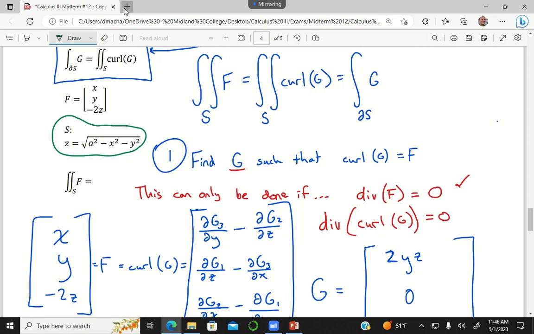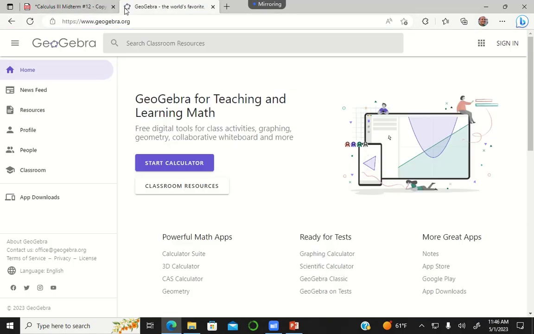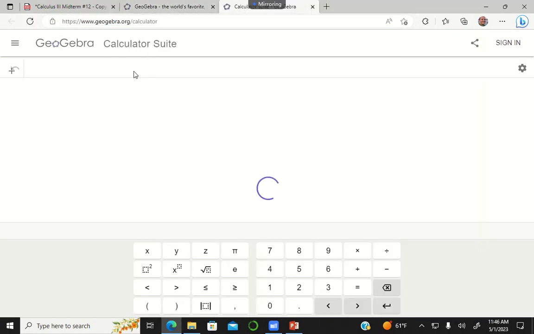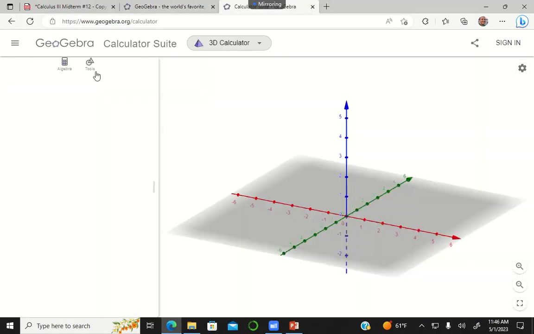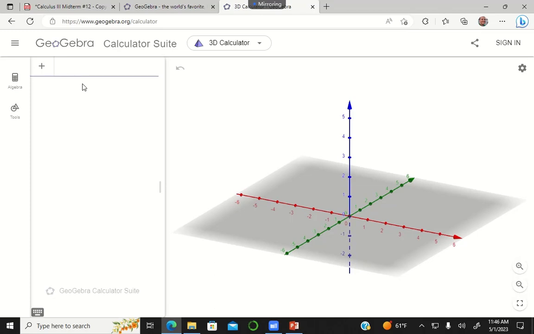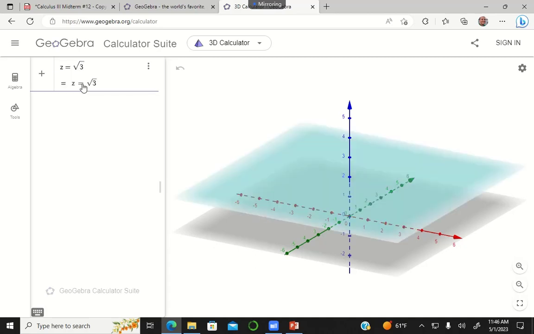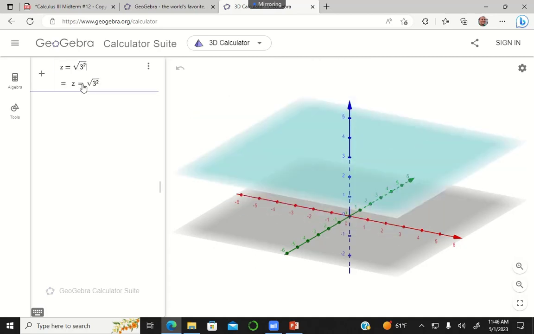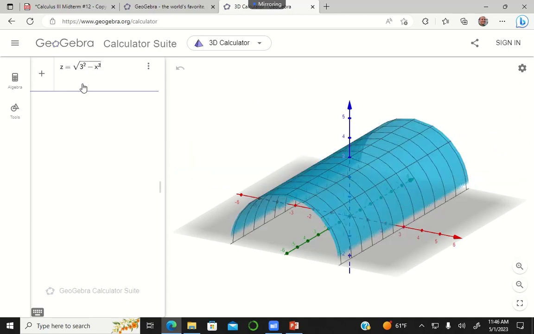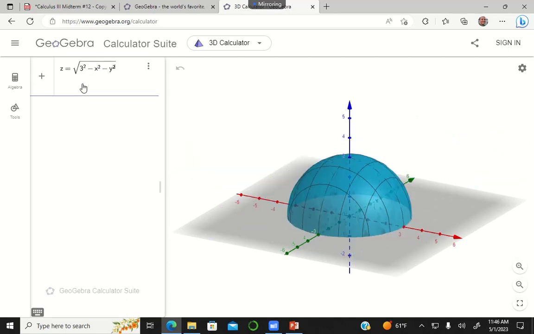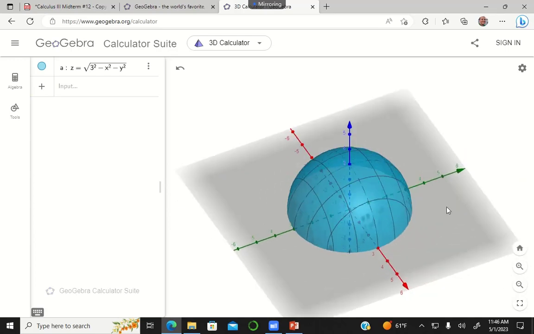Let's graph it. I'm asking about what is the boundary of the upper half sphere? We'll say A is 3 for the sake of GeoGebra. All right, this is the upper half sphere.